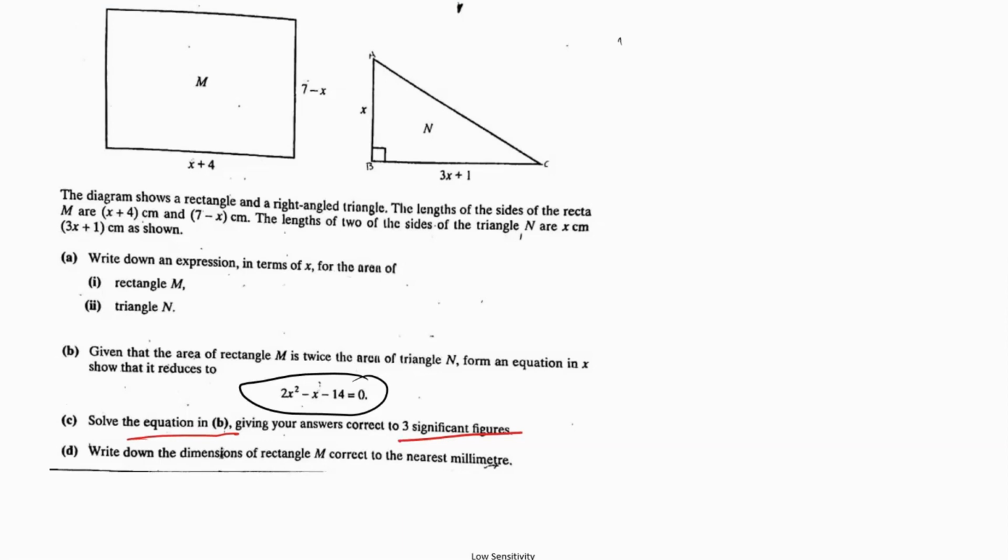We want to write down the dimensions of rectangle M to the nearest millimeter. So we want to evaluate these two. All right, so let's go here. We have D here. We have the length, which is equal to x plus 4.